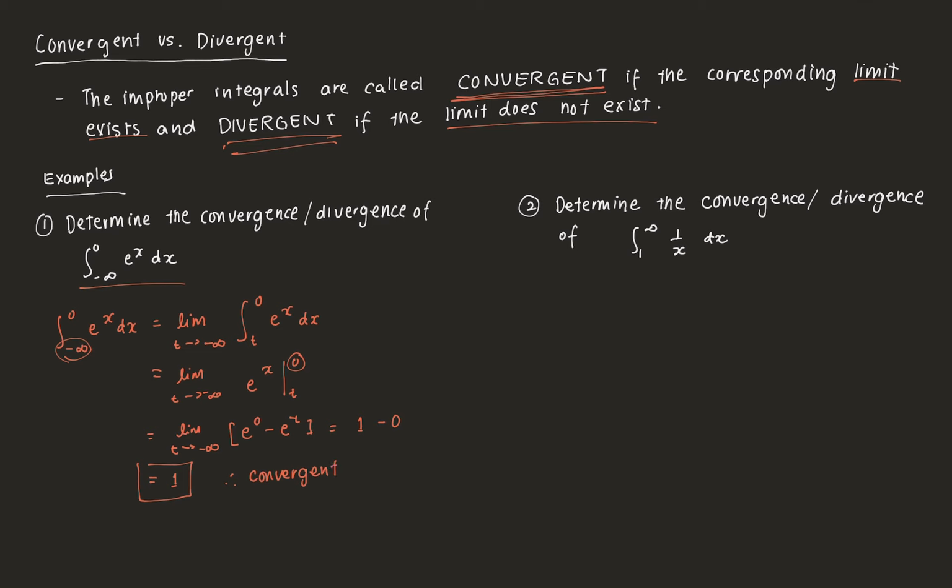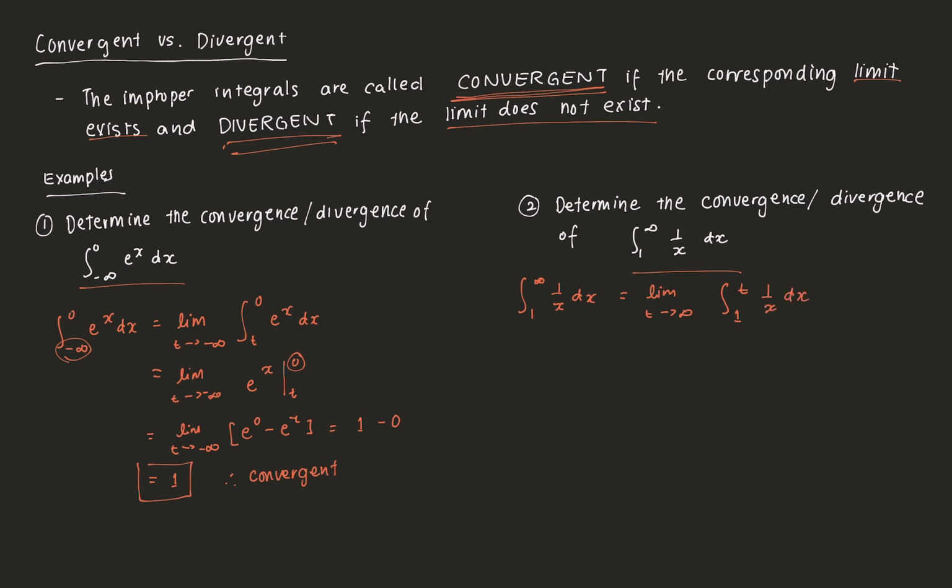Okay, so let's try another example and see whether it's convergent or divergent. We have here the integral from 1 until infinity of 1 over x dx. Again, applying our basic rules, this is the limit, in this case, as t approaches positive infinity of the integral from 1 until t of 1 over x dx.